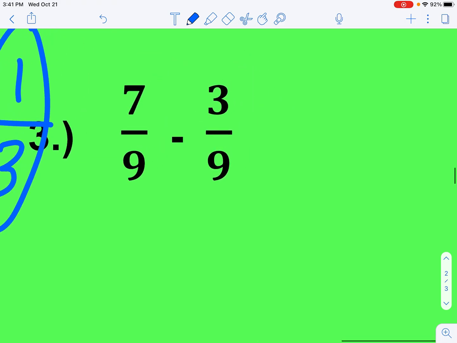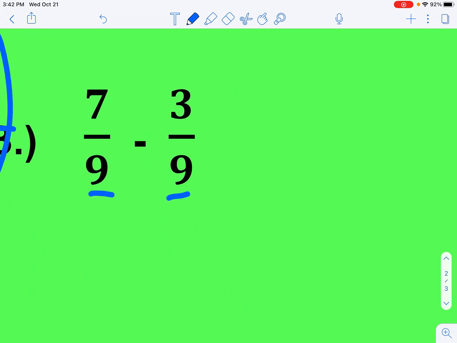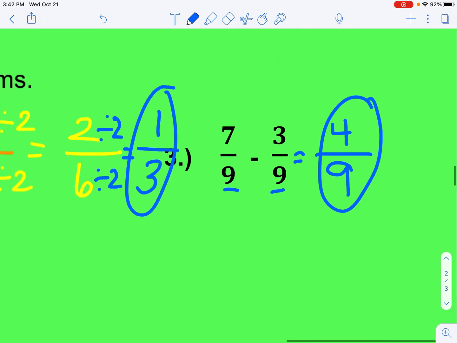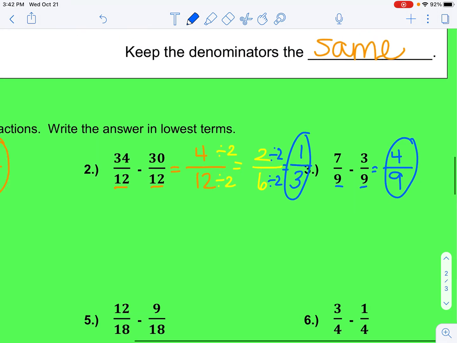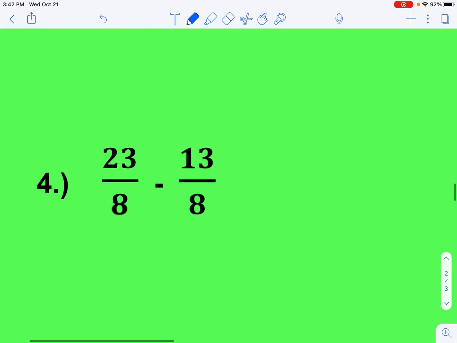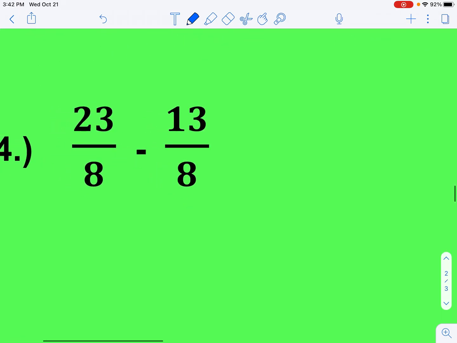Alright, let's look at number 3. 7/9 minus 3/9. I notice my denominators are the same. I subtract straight across. 7 minus 3 is 4. 9 is my denominator, so it stays the same. Can I simplify 4 over 9? I can't, so that is my answer. Alright, number 4. Taking 23 over 8 minus 13 over 8.